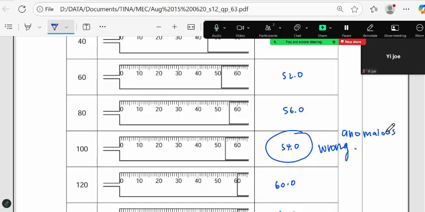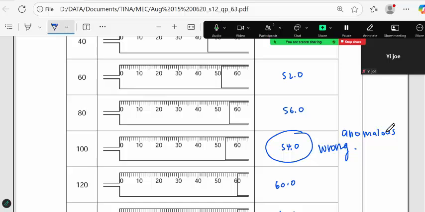This is an anomalous result, or it's called an anomaly. It's a result that doesn't follow the trend.